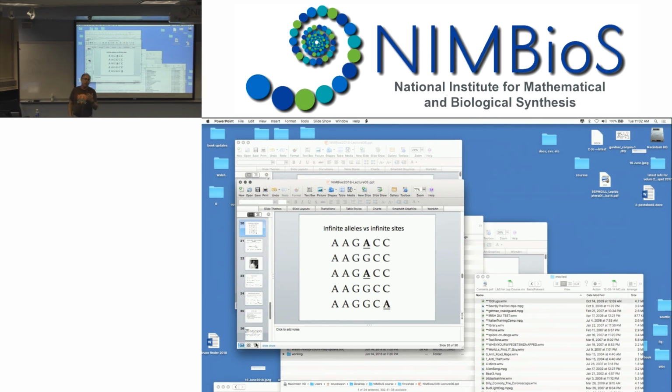Yes, it's normalized to get a probability distribution. And there are a variety. So if you've heard, for example, the program SweepFinder or composite likelihood ratio test, those basically take the Watterson distribution and look and see how it's perturbed by a sweep and ask if the pattern you see is consistent with that. So the Watterson distribution actually underlies a lot of these tests, but it's critical because it assumes equilibrium.